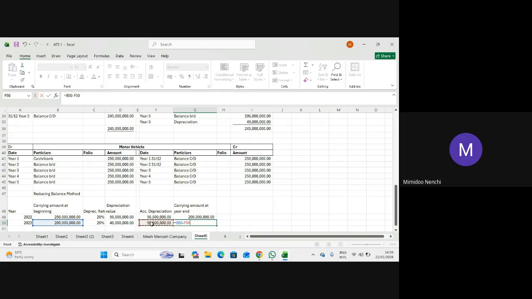You see those two, at the beginning and accumulated depreciation is what I'm saying. Can you see? Minus this. What do we have?